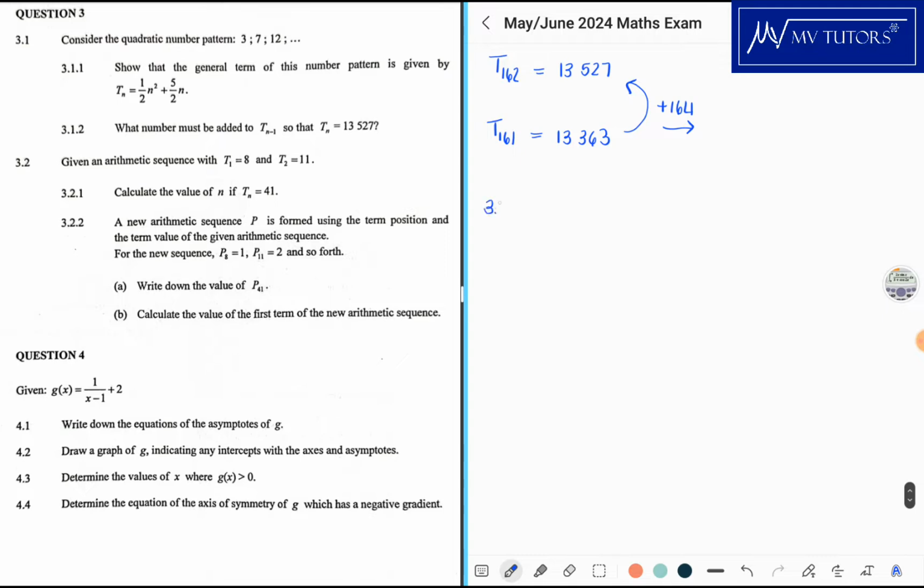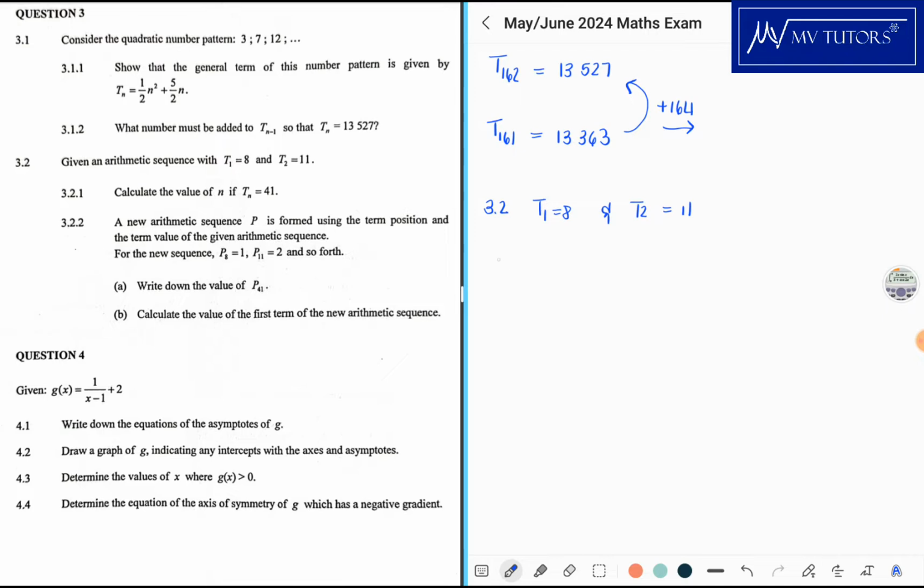So that sums it up for 3.1. Now we can go to 3.2. It says, given an arithmetic sequence with term 1 equal to 8 and term 2 equal to 11, calculate the value of n if Tn is 41.